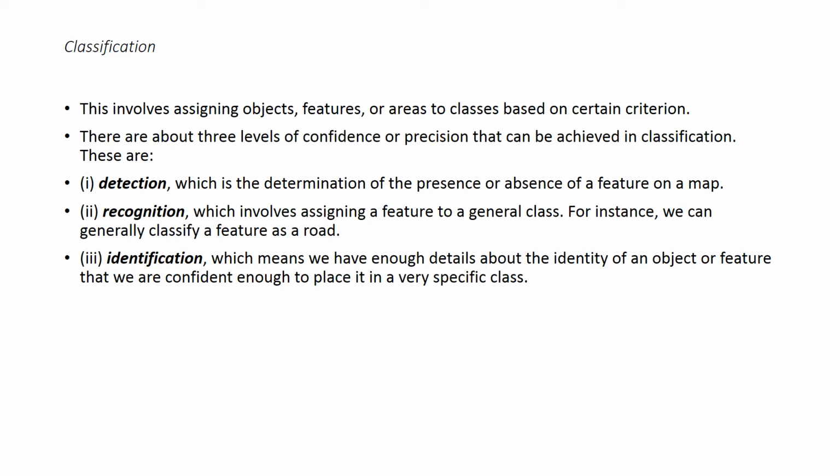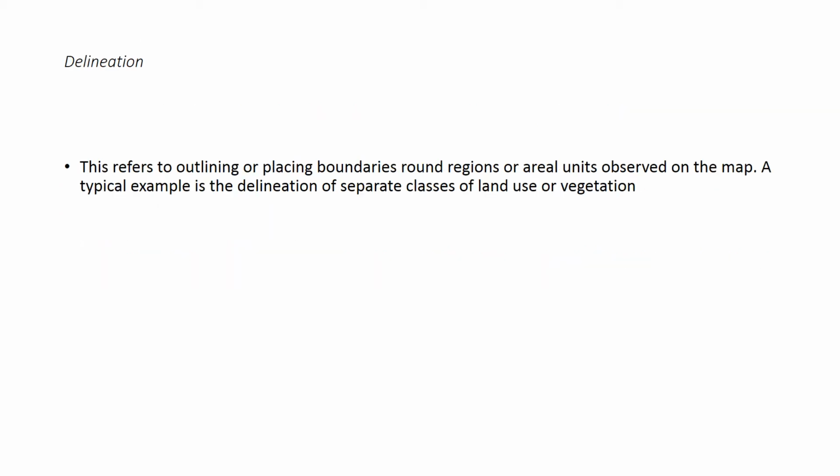Then recognition involves assigning a feature to a general class, and identification, which means we have enough details about the identity of a feature and can therefore place it properly where it belongs.